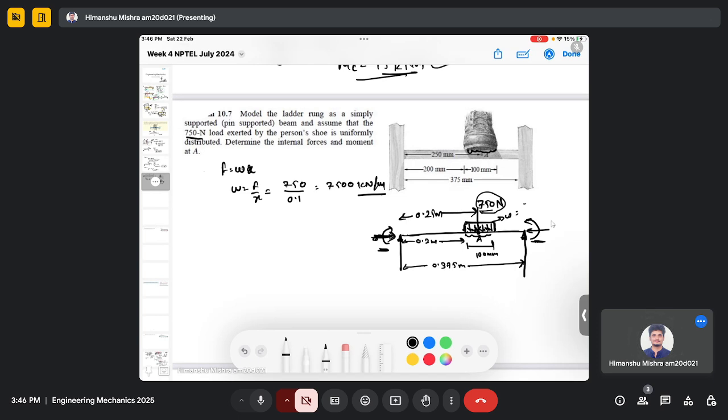Okay, so now we need to find the reaction forces.